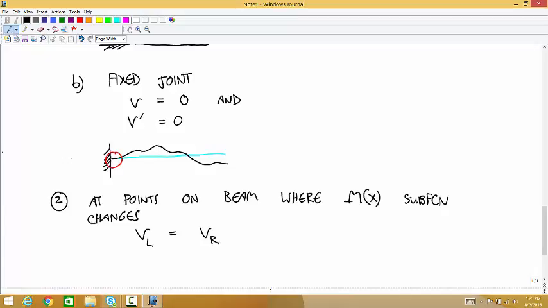So in other words, the left and the right have to agree about the deflection. They don't have to be equal to 0, but they have to be the same.